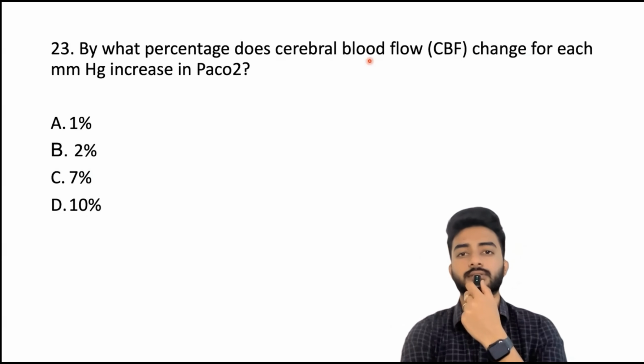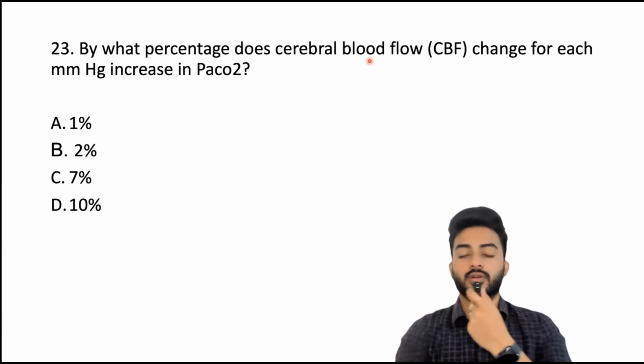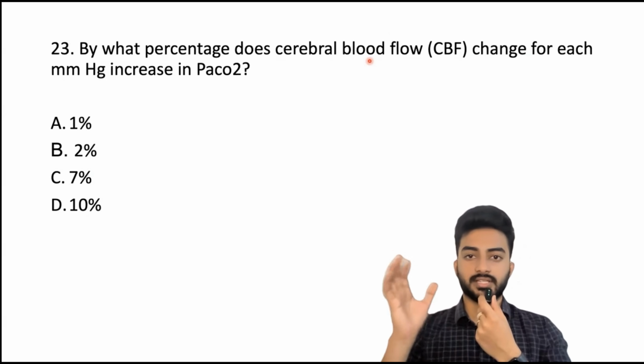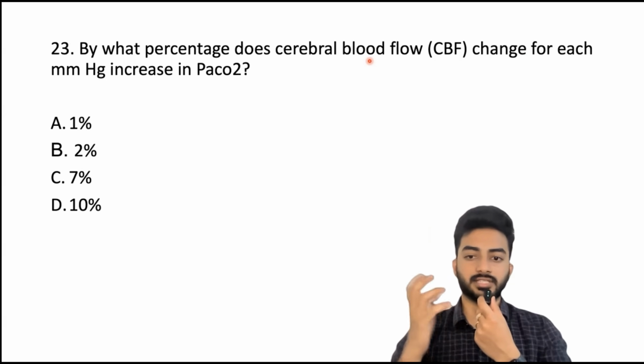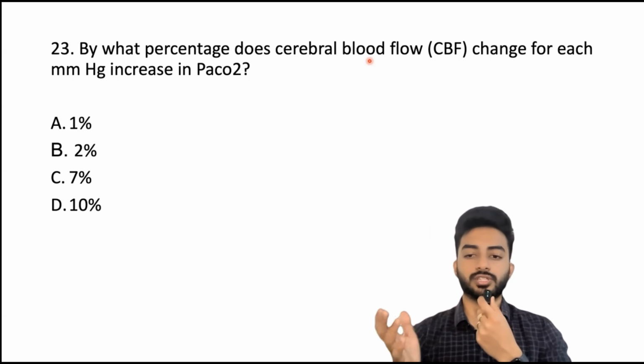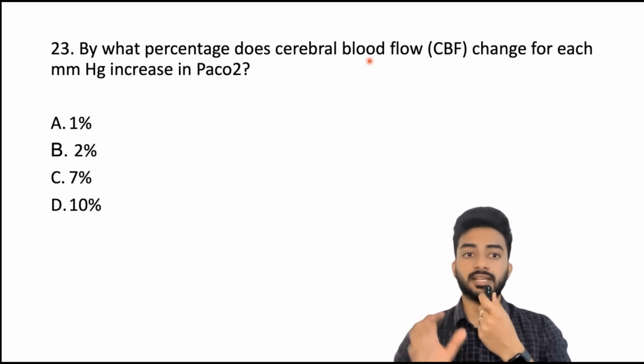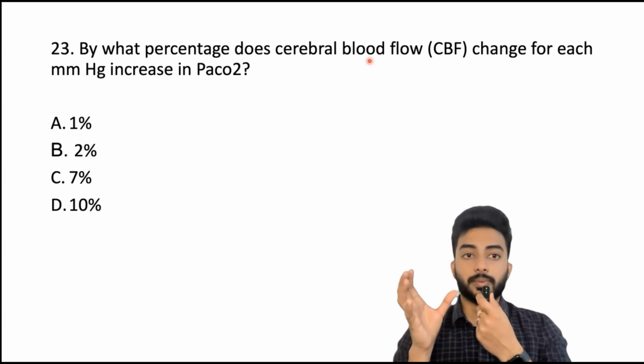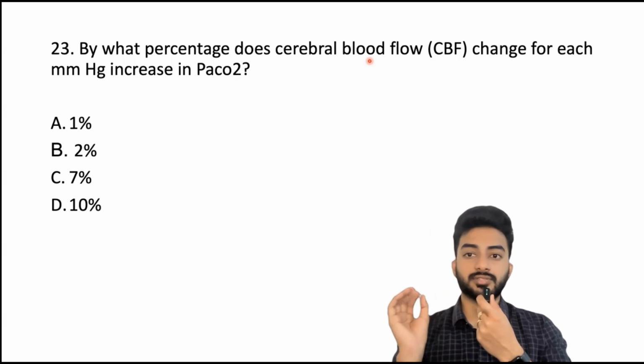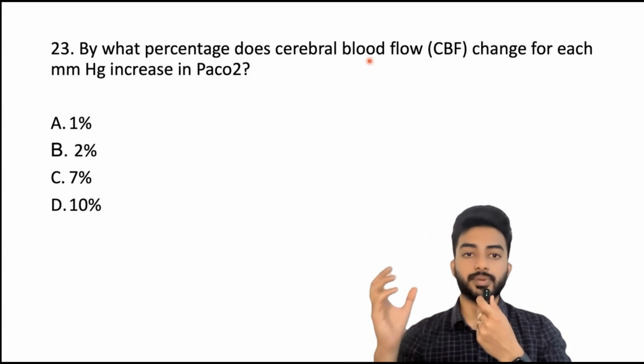23rd question. By what percentage does cerebral blood flow, that is CBF, change for each mmHg increase in PaCO2? We know when the PaCO2 increases, the cerebral blood flow increases due to vasodilation, because CO2 is a potent vasodilator. But they are asking by what percentage the CBF increases for each mmHg increase in PaCO2.